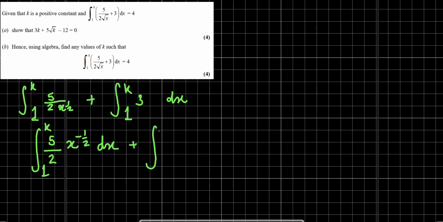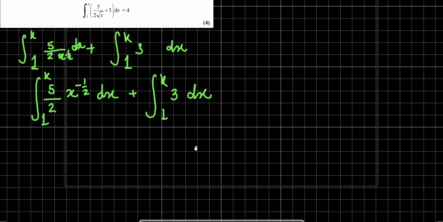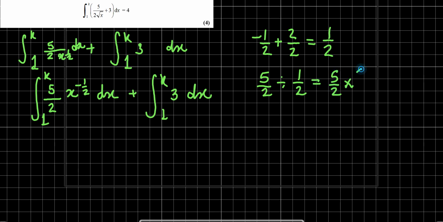So now what we're going to do is add 1 to the negative half, which is going to be a half, and then divide by a half. So the minus a half, we're adding 1 to that, so that gives us a half. We're then dividing 5 by a half, so that gives us 5 times 2, which gives us 10.